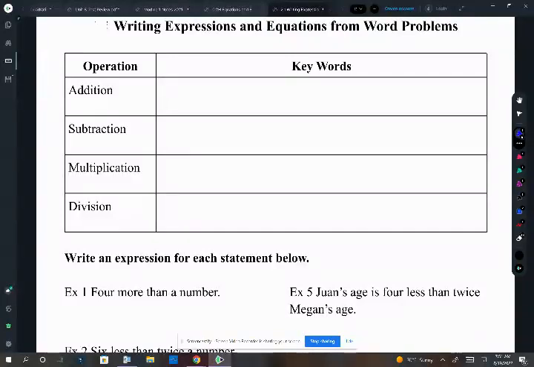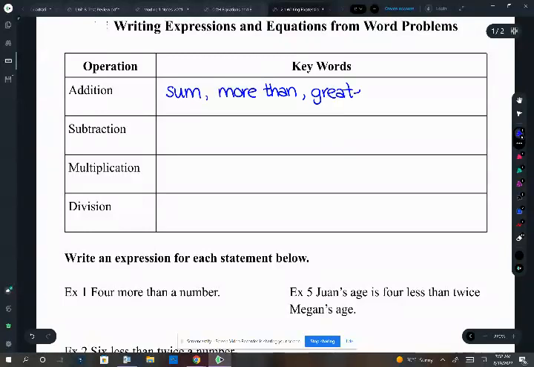And some of those words that might help are sum for addition, more than, greater than, just more, and of course add, like your normal words, add, plus, the ones that you're used to.